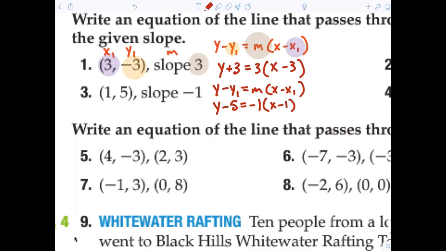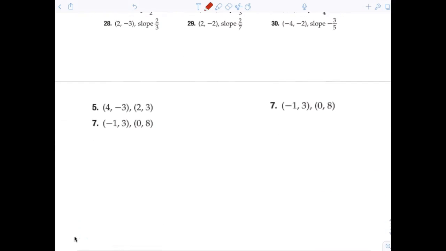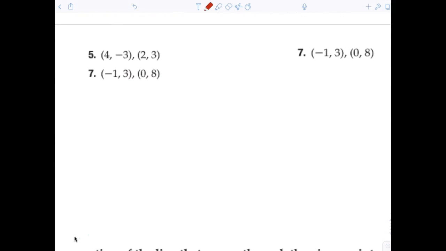All I'm asking you, do you understand 1 and 3? Then you are like everybody else in here. Perfect. I want to hear from somebody who doesn't know how to do 1 and 3. Everybody's good. All right? Now, we're going to do number 5, and we're going to do number 7 together.